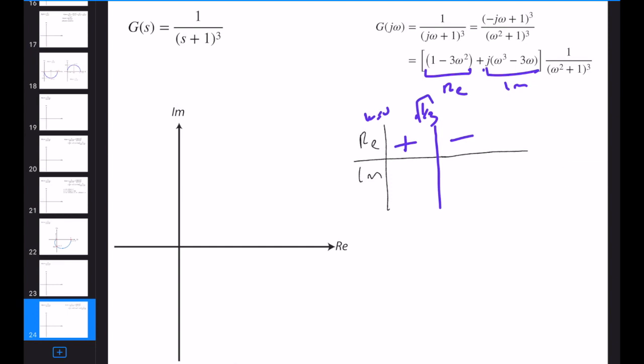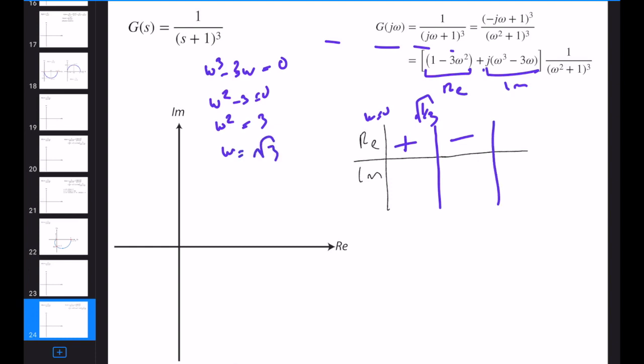The imaginary part changes its direction when omega cubed minus 3 omega is equal to 0. Of course, it happens when omega is equal to 0, which is not very important, and when omega squared minus 3 is equal to 0, so omega squared is equal to 3, omega is equal to the square root of 3.